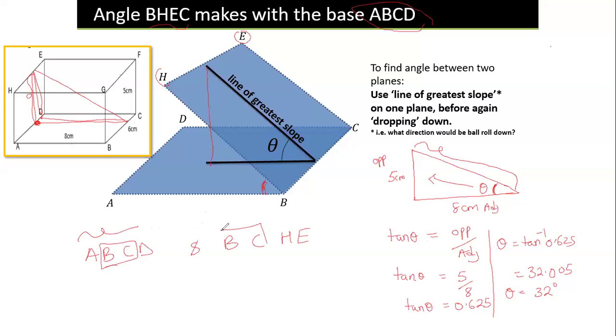This plane, still BC is common. So your angle of inclination is going to be formed between this flat surface and where this line BC is. That's how you can identify which plane you are going to use. You look out for the common letters or the common line, then go along that line and draw that plane to complete it.